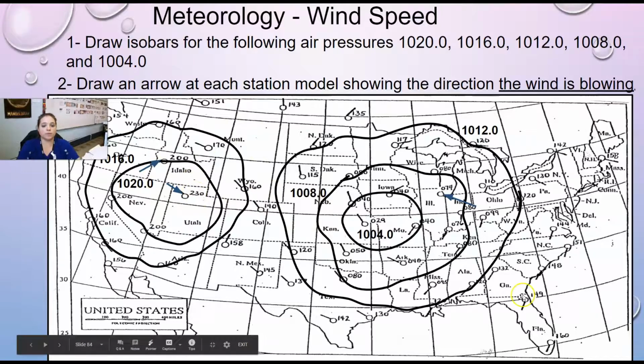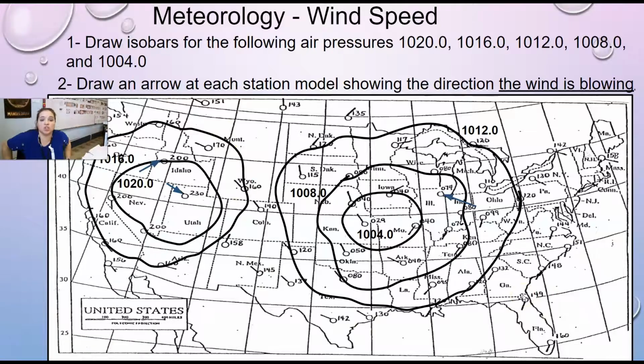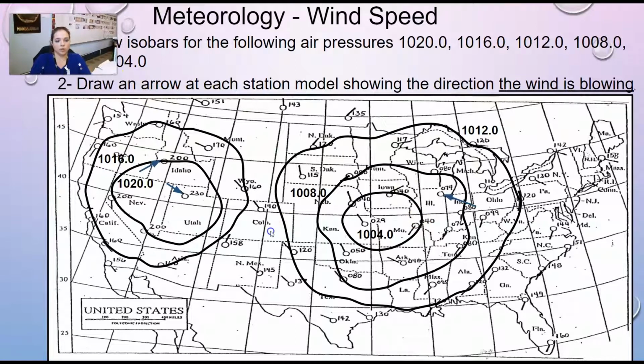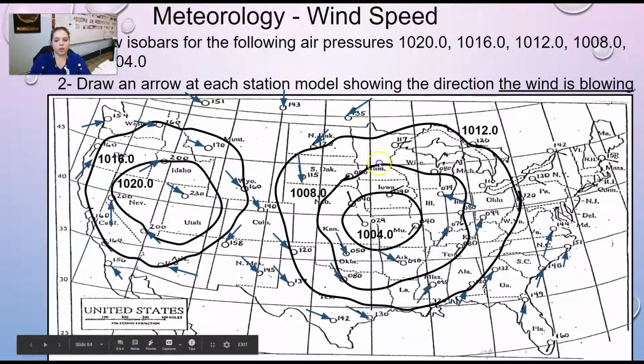They don't have to flow all the way across like you see with temperature. These are actually circles because, remember, you have highs and lows. All right, now I'm going to add in the arrows for the way that the wind is going. And look at this. They're going around clockwise here, and now we're going to start going counterclockwise over here.